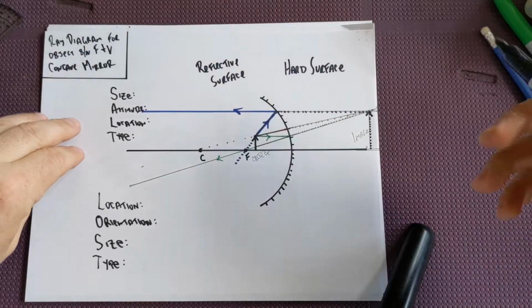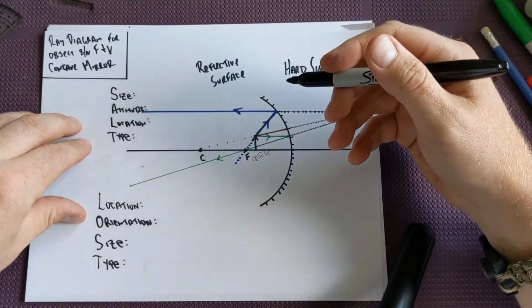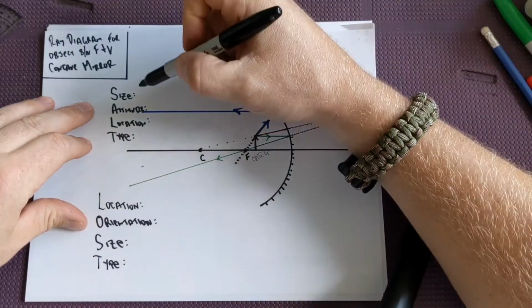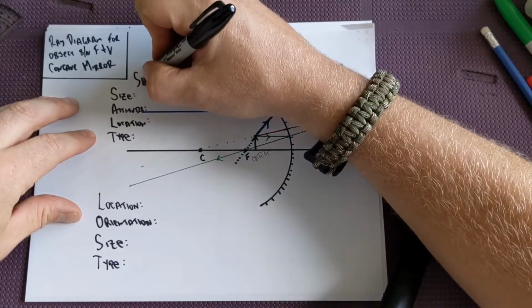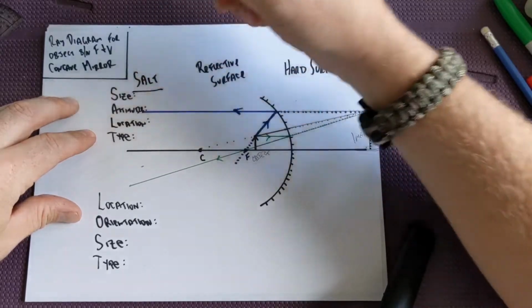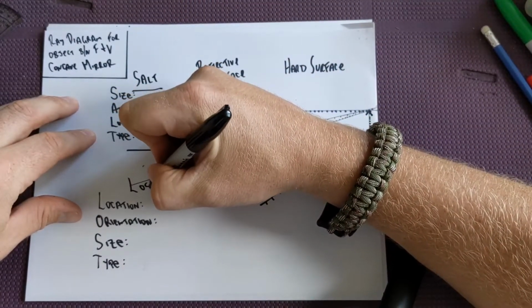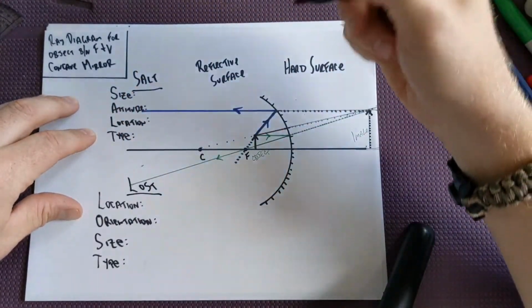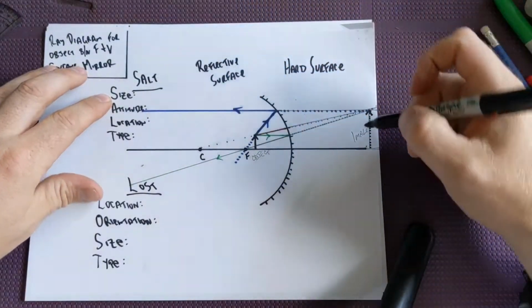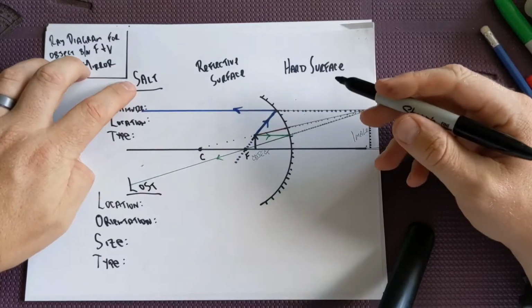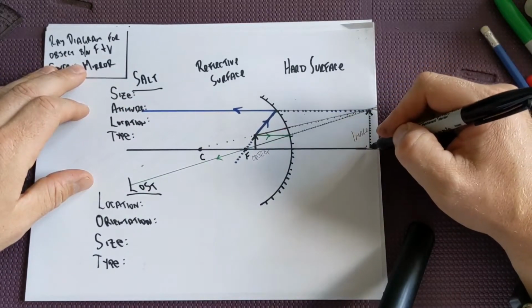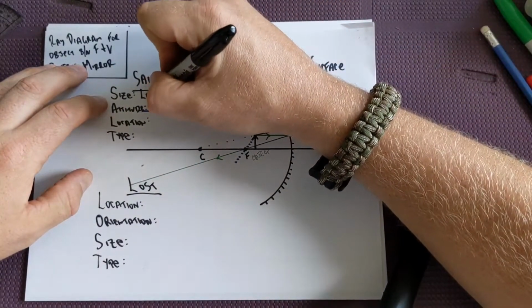So, depending on what teacher you have, for the size you're going to use larger or smaller. The size refers to the image. When they ask what the size of the image is, you're going to say it's larger.